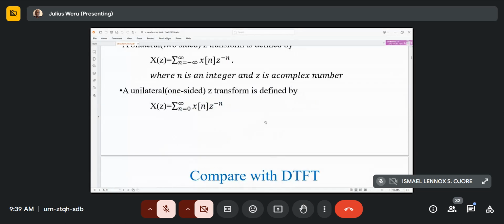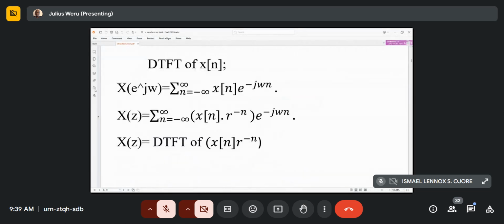So comparing with DTFT, you find that DTFT is defined as X(e^(jω)) equals the sum from n equals negative infinity of x[n] e^(-jωn).